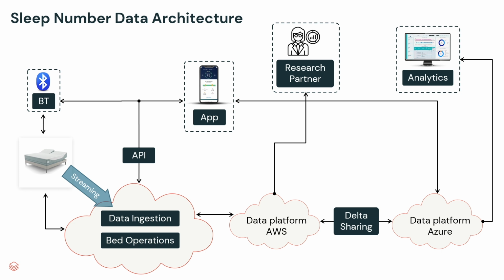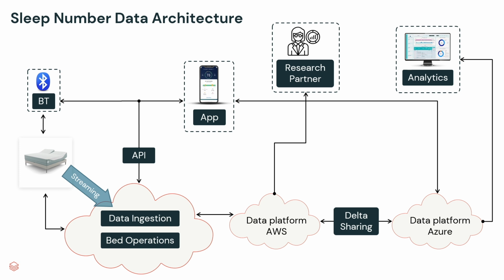So we use the app pretty much like a remote. We do also have a remote, but we use the app as a remote to do bed operations. That means you want to articulate your bed, articulate your partner's bed, control the temperature of each of those beds that you see, and control the firmness. So that is about the bed operation.